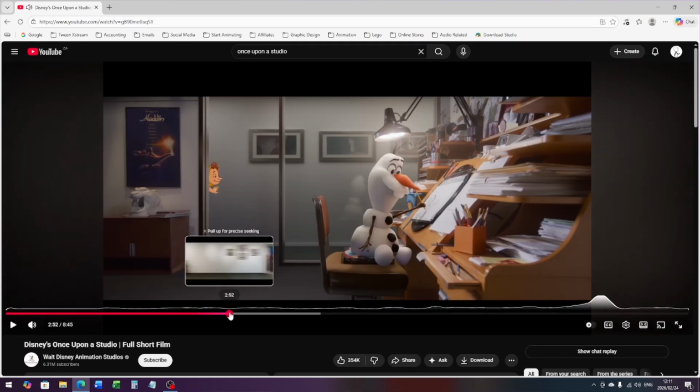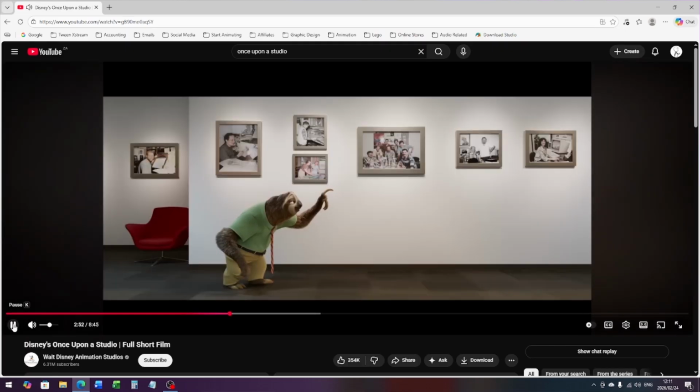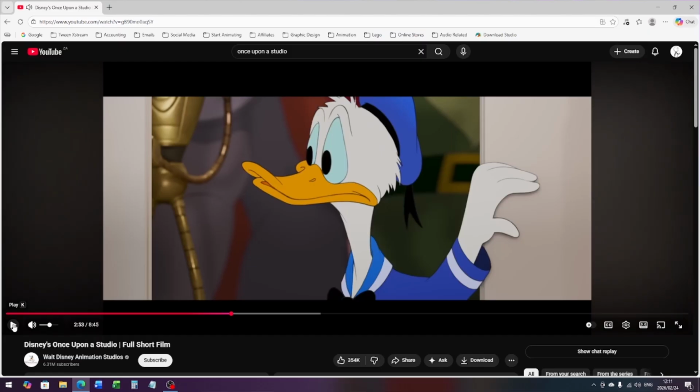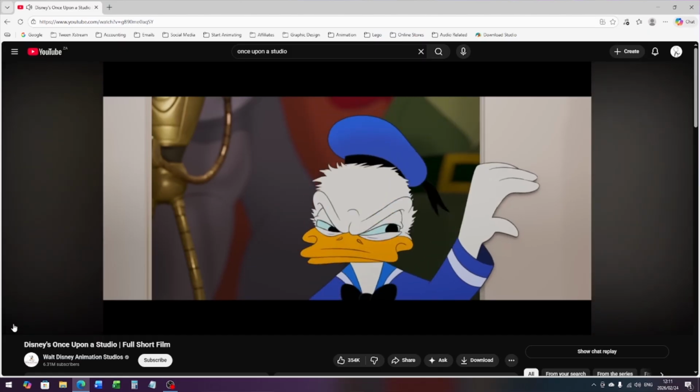So here you can see they've added some squash and stretch to Donald's stretch, squash.